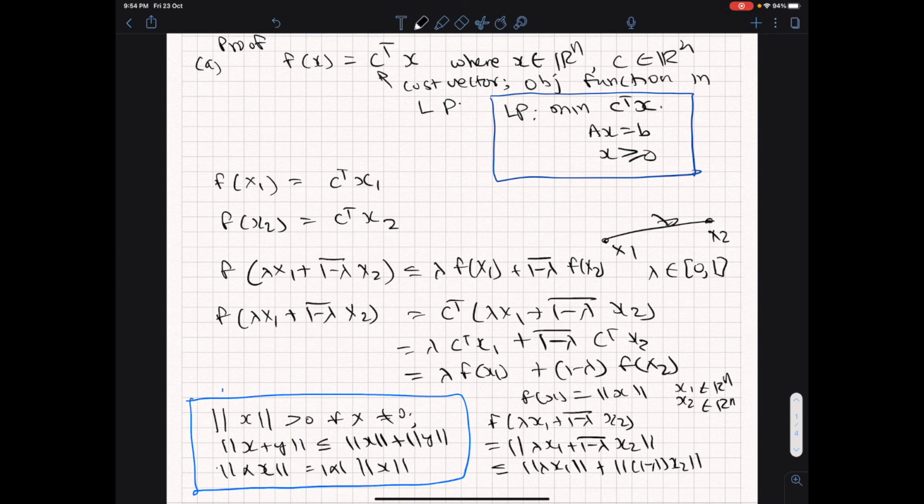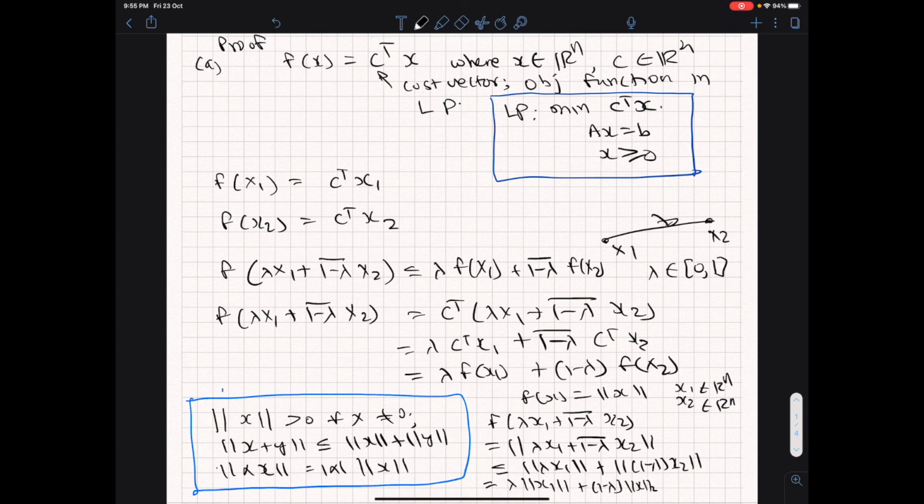So this is the same as lambda times the norm of x1, but I am taking lambda from 0 to 1, so it is a positive quantity, and because it is positive I will just not write the modulus of lambda. I will just write lambda times the norm of x1, and in the same way plus 1 minus lambda times the norm of x2.